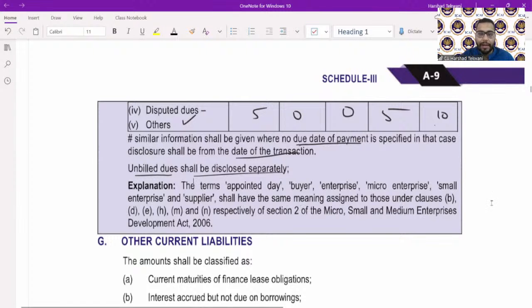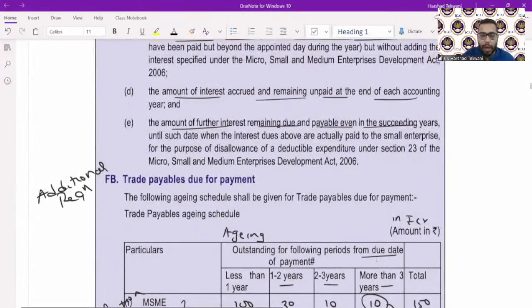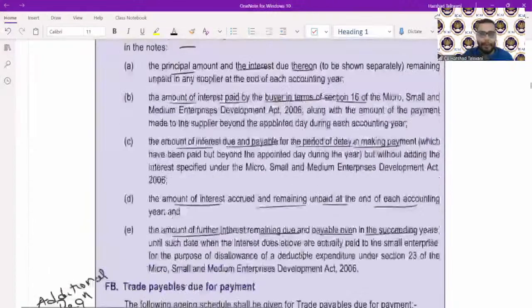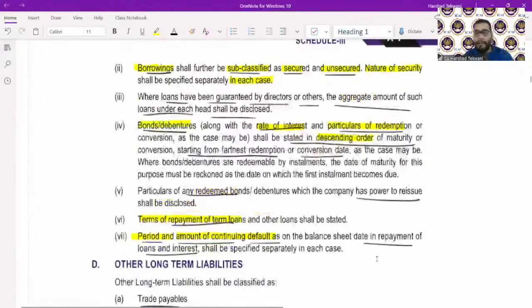Till yesterday, we started Division 1, Part 1 balance sheet, where we were discussing notes to accounts with respect to the liability side, like trade payables, short-term borrowings, long-term borrowings. Remember, we also discussed that in equity and liabilities in Division 1, Part 1, we go with the reverse order of liquidity preference.